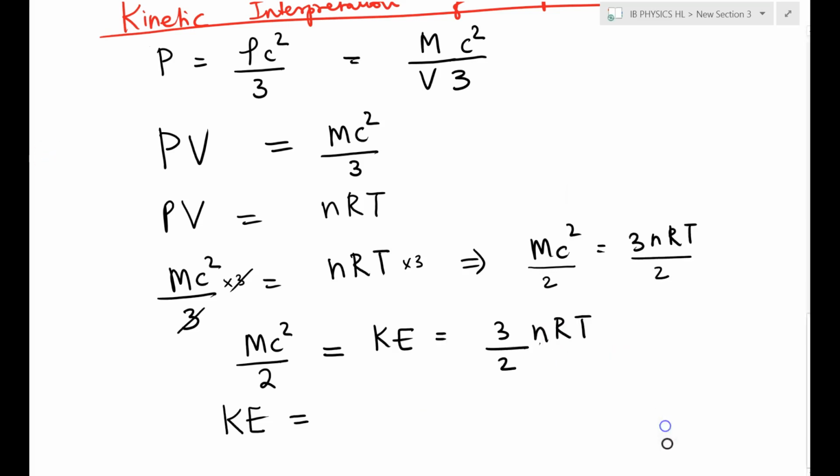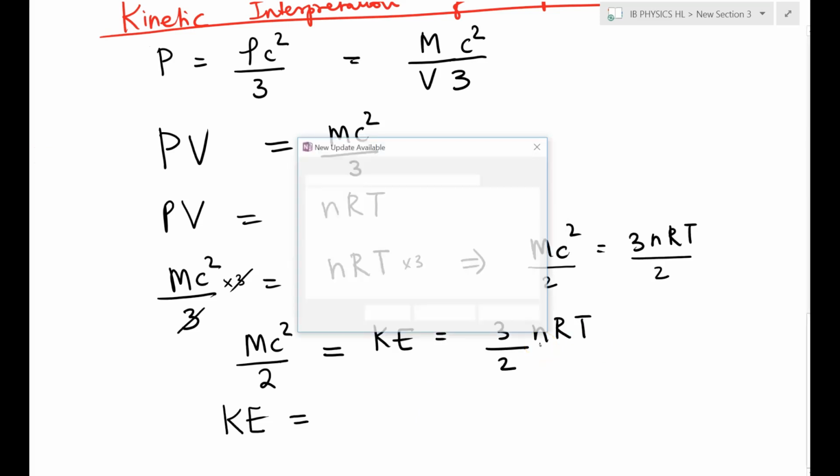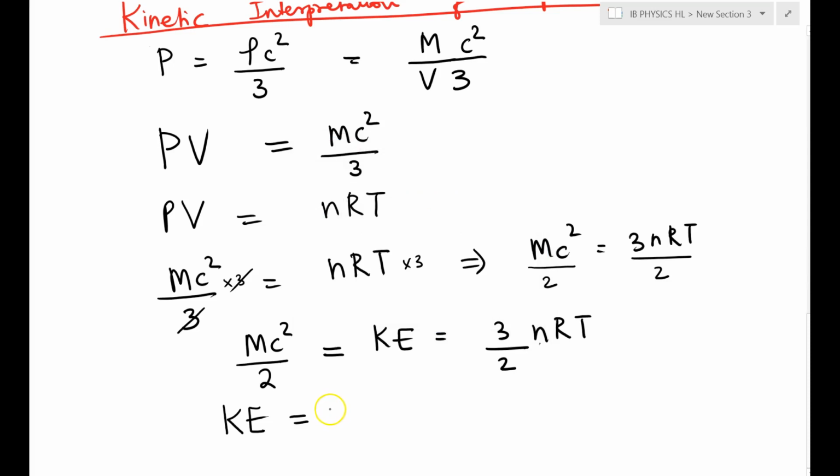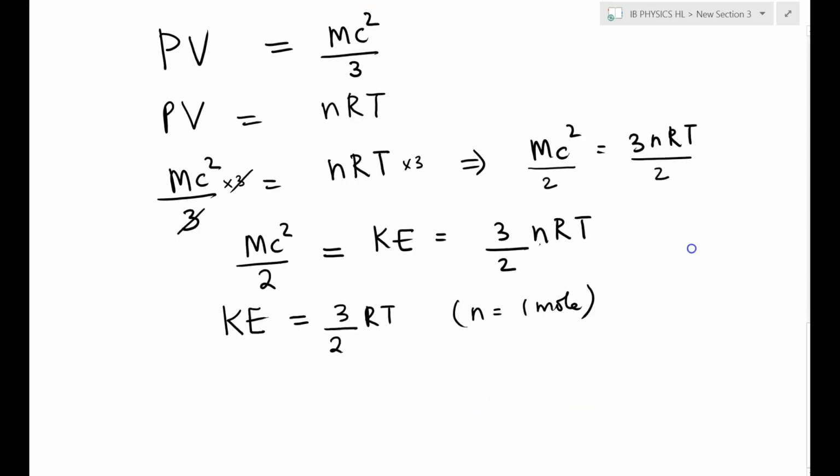If I am going to consider just 1 mole of a gas, then I can write this as kinetic energy is equal to 3 over 2 RT, because I took n as 1 mole. So this tells us, because R is a universal gas constant, that the average kinetic energy of the molecules of a gas is directly proportional to the temperature.